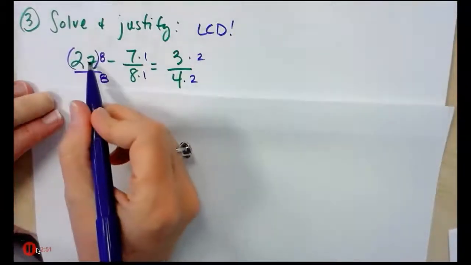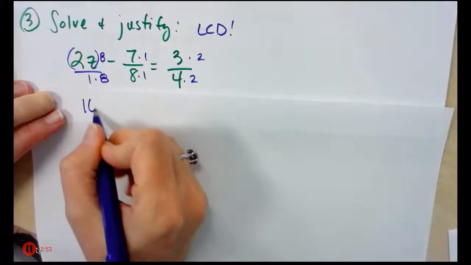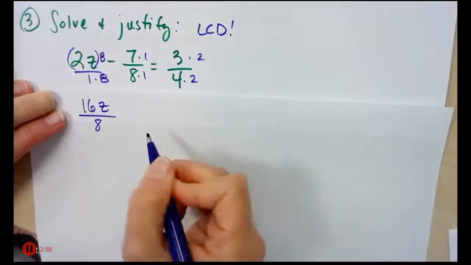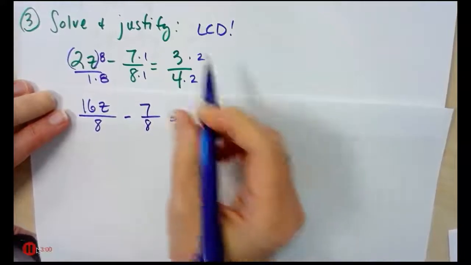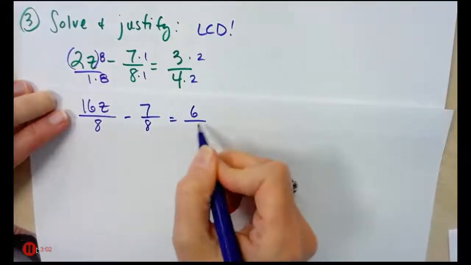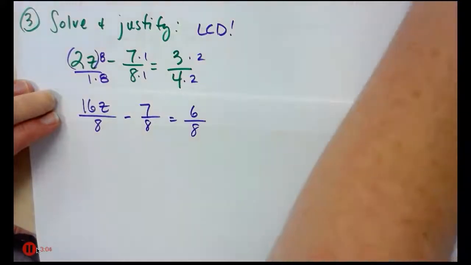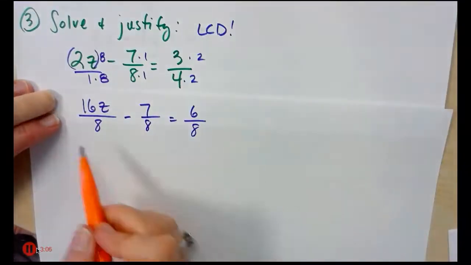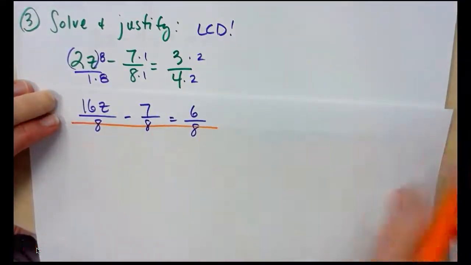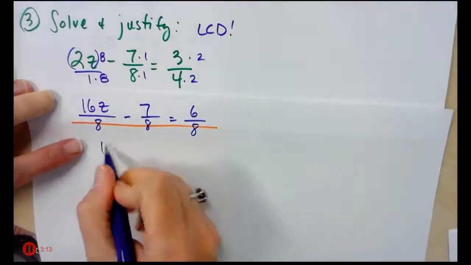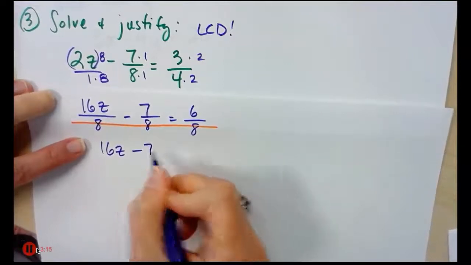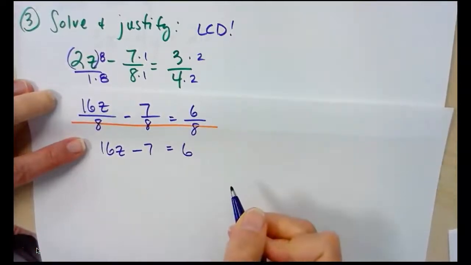So 2z times 8 is 16z over 8 minus 7 over 8 equals 3 times 2, 6 over 8. And remember, once we have the common denominator all the way across, we are done with it, which leaves us a very simple equation to solve. 16z minus 7 equals 6.